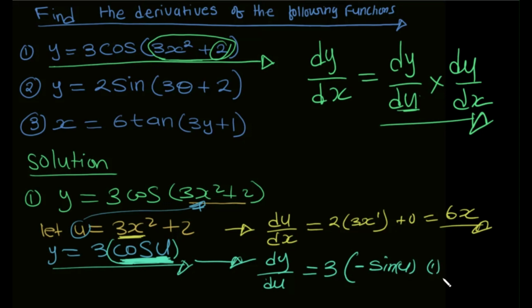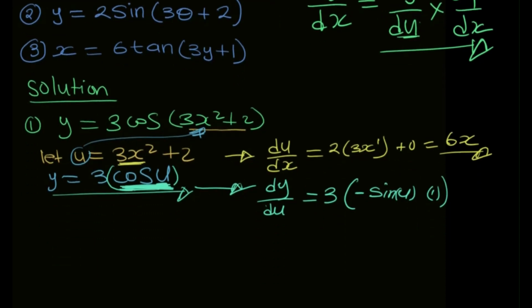So this becomes minus 3 sine u. For now we just need to know that the derivative of cos is minus sine.